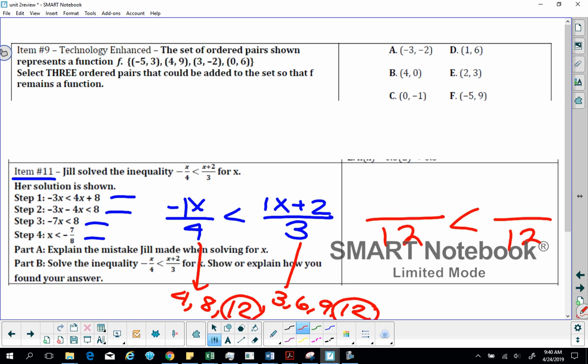To do that, what do I need to multiply 4 by? How many times? 1, 2, 3. When I multiply something to the denominator, I need to multiply it to the numerator. How many times do I need to multiply 3 to get it to be 12? 1, 2, 3, 4. So what am I going to multiply to the bottom?